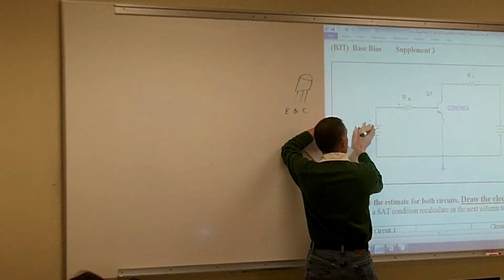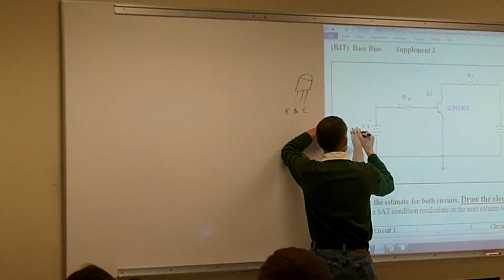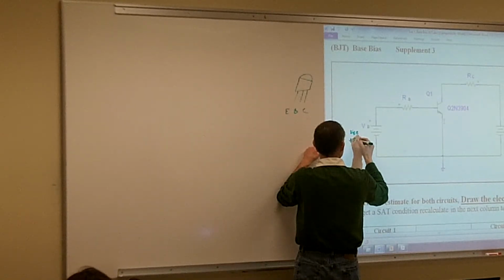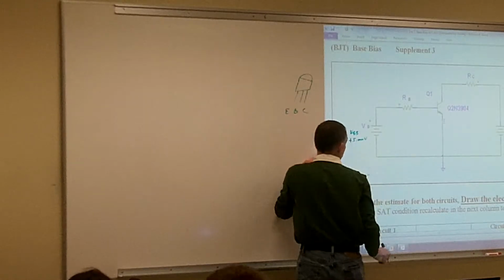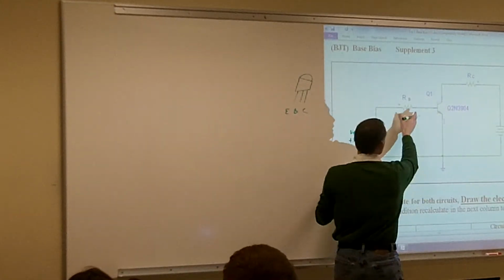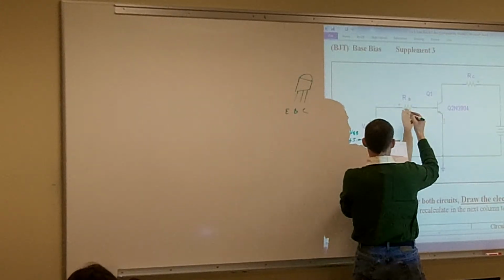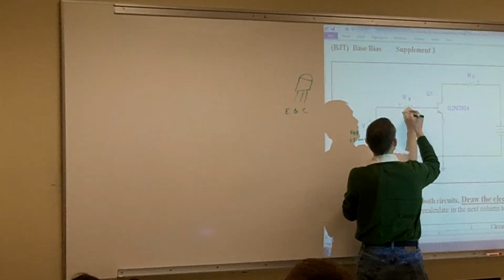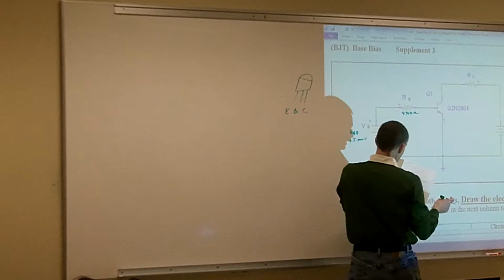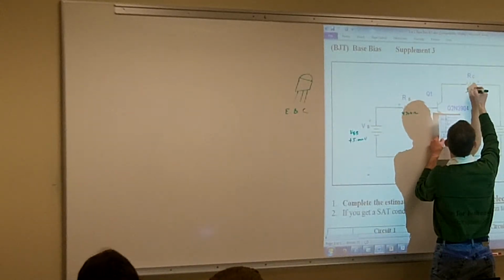Our VBB is going to be our voltage source for our base, and we're going to have plus 5 volts on that. Our base resistor is going to be 470 kilohms, and our collector resistor is going to be 3.6 kilohms.